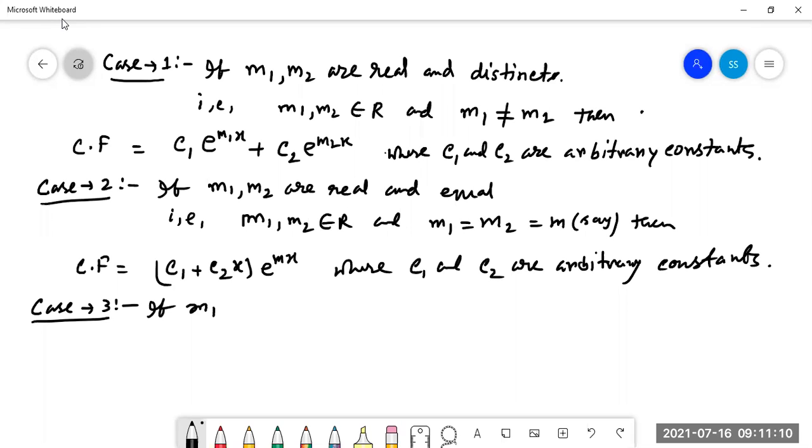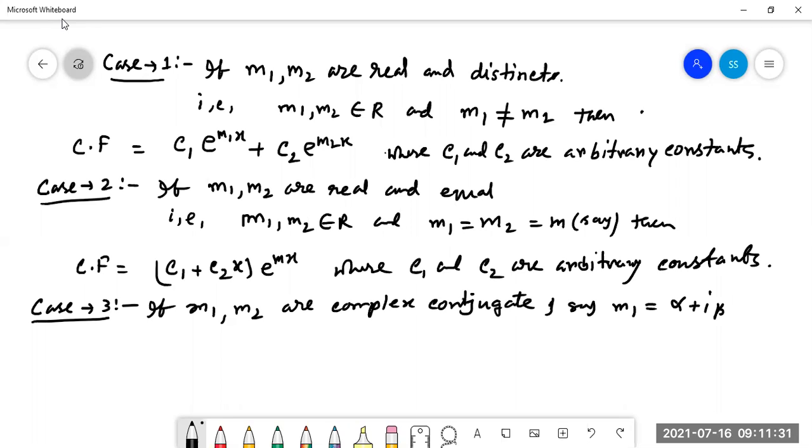If m1, m2 are complex conjugate, say m1 equal to alpha plus i beta and m2 equal to alpha minus i beta, right? Here both of the roots are complex and they are conjugate.